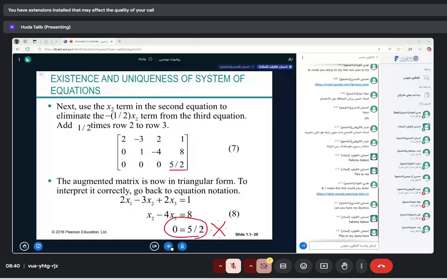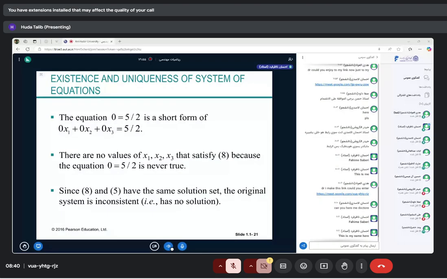It doesn't have even one solution. So this is an inconsistent situation, and the first one was a consistent situation. See, this never becomes true. This is the situation in which we call this linear equation inconsistent, because it has no solution.